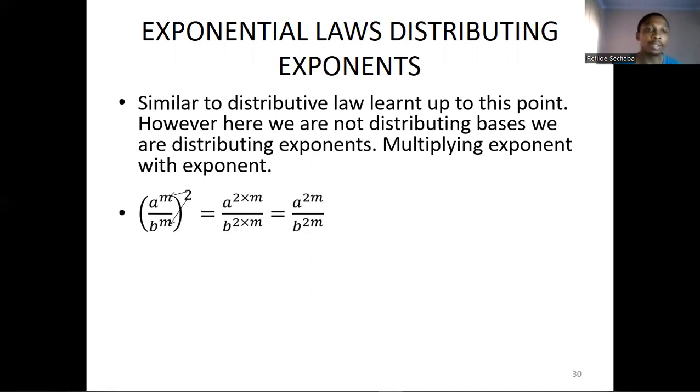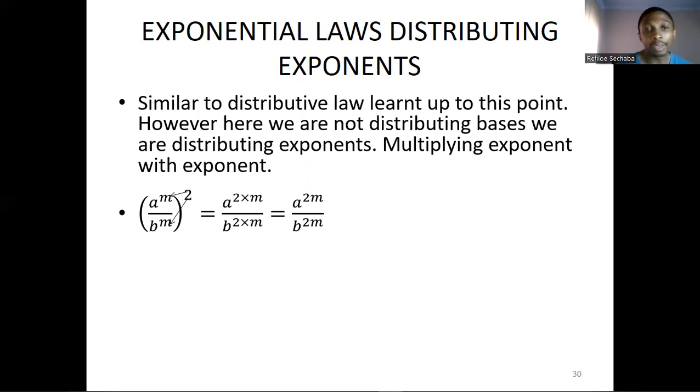For instance, here I had in the numerator a to the exponent of m divided by b to the exponent of m. So I multiply each of those exponents. Note that inside the bracket, all the exponents will be multiplied by the outside exponent of 2. So that is why in the numerator, my exponent is m. I multiply that by 2. And my exponent in the denominator is m. I also multiply that by 2.